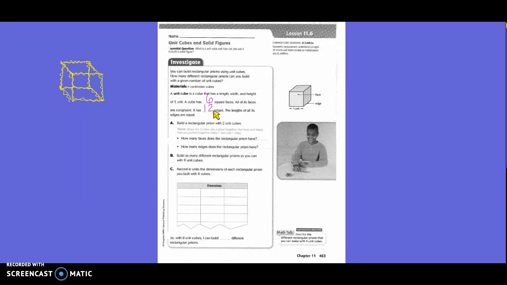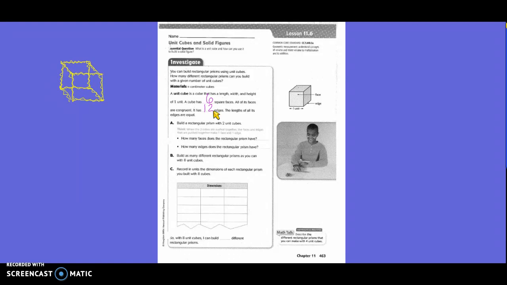Build a rectangular prism with 2 unit cubes. How many faces does the rectangular prism have? So if we took 2 unit cubes, how many faces would they have? 6. Because you're putting them right up against each other, and then they become 1 unit, okay? You no longer have 2 units.